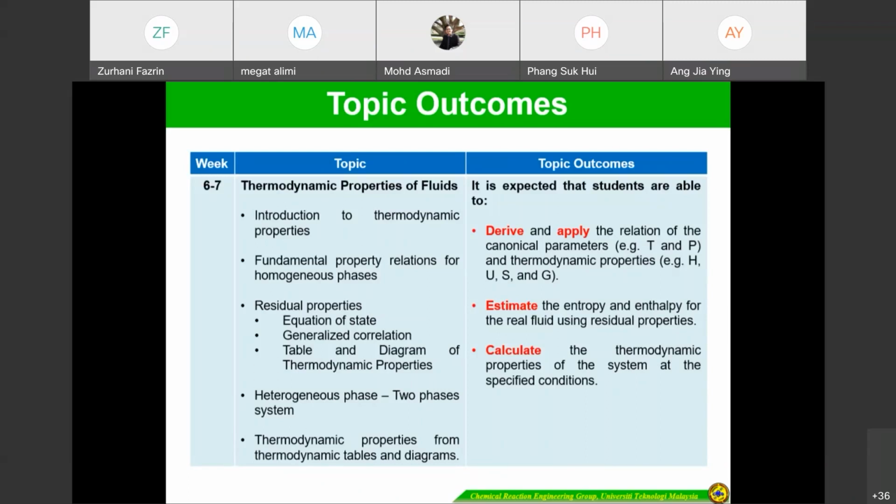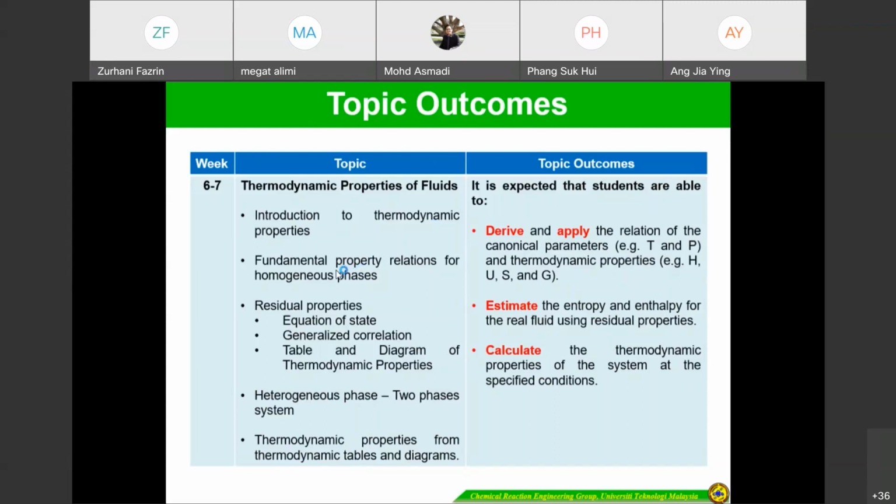For example, the actual enthalpy H equals H ideal gas plus H residual. This is what we're going to focus on, the residual properties.